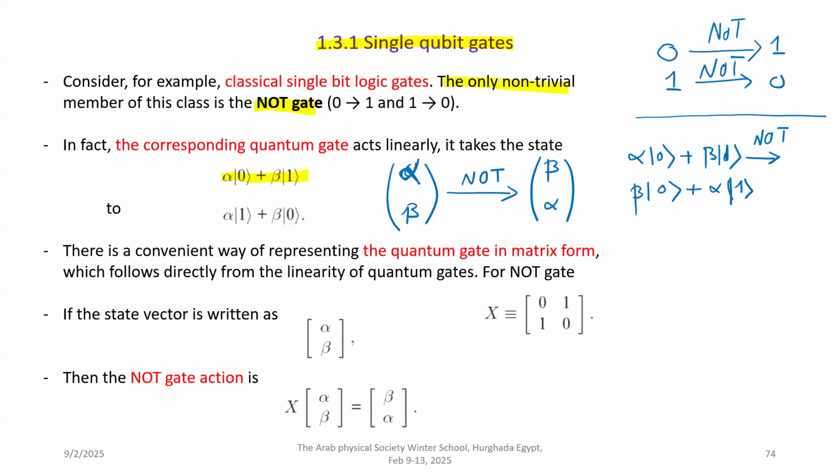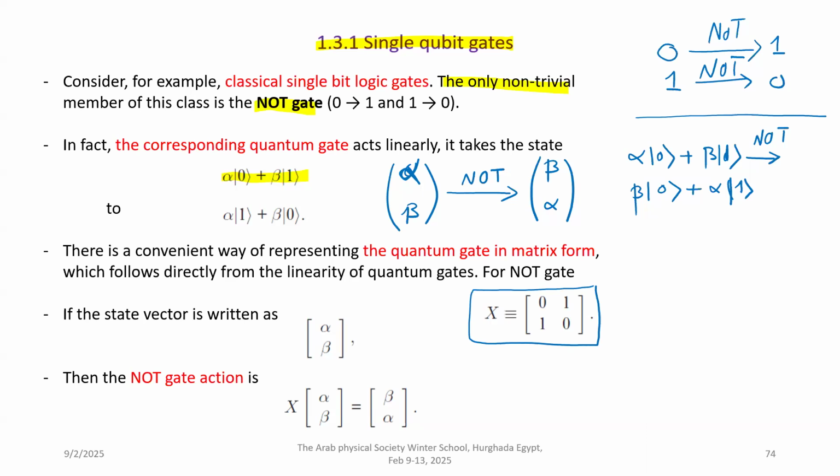Now, it's going to be hard to follow things this way, so for that reason we represent each gate in matrix form. The NOT gate can be written in matrix form, and this is how it looks. Why do we represent it in matrix form? What we are doing here is very simple.